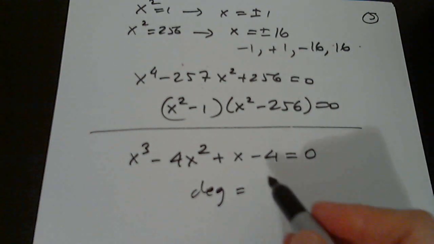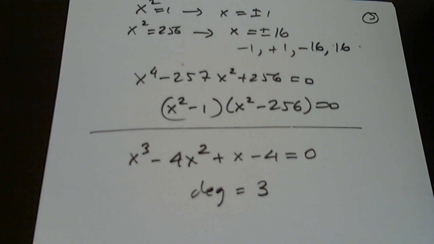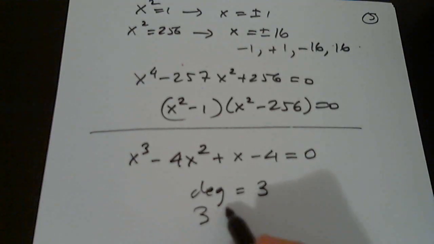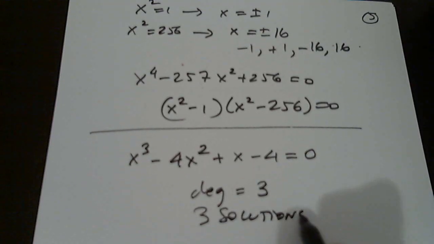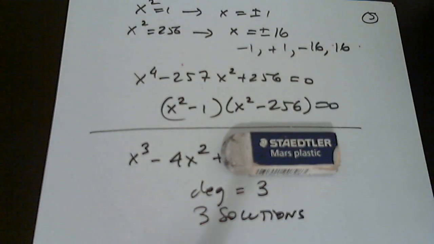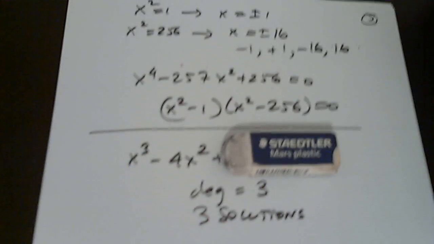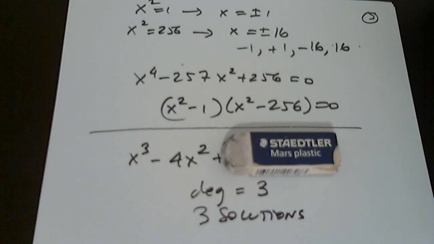Third. Yes. How many solutions are we looking for? Right. Of course. It's a polynomial, it's in descending order, no negative leading coefficient. So, what comes out from the first two terms?